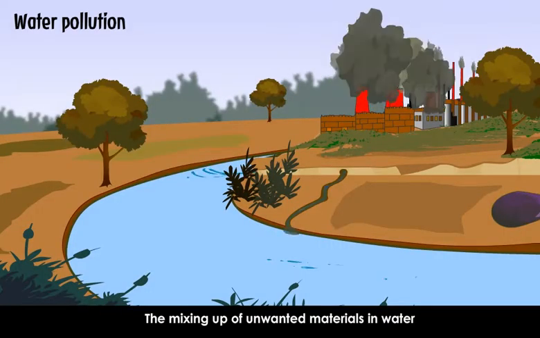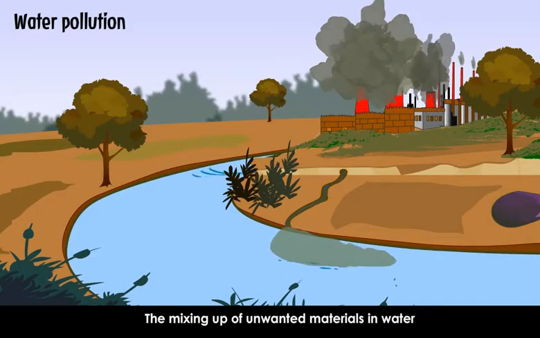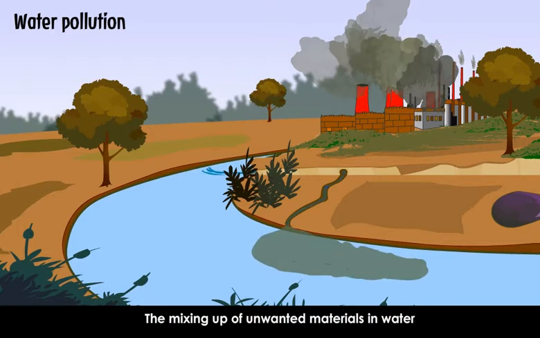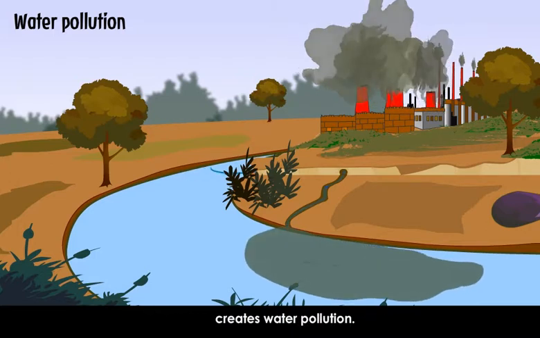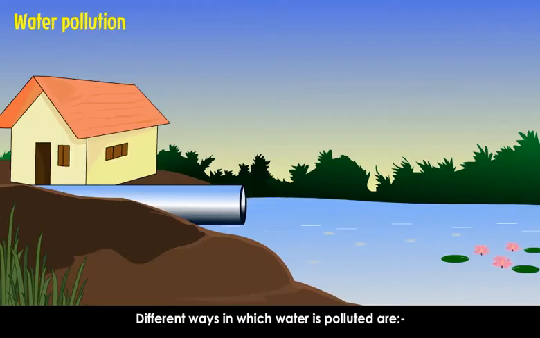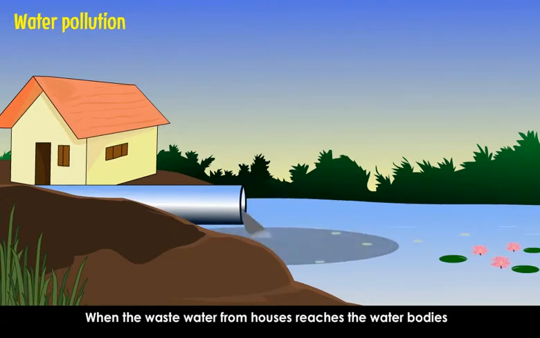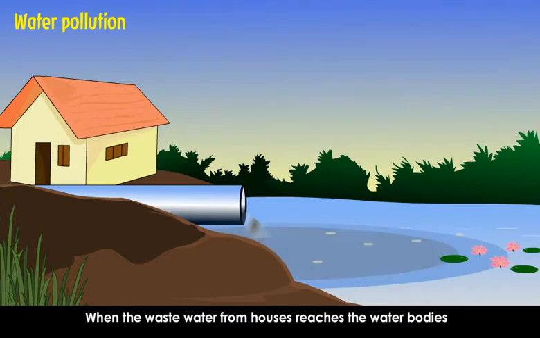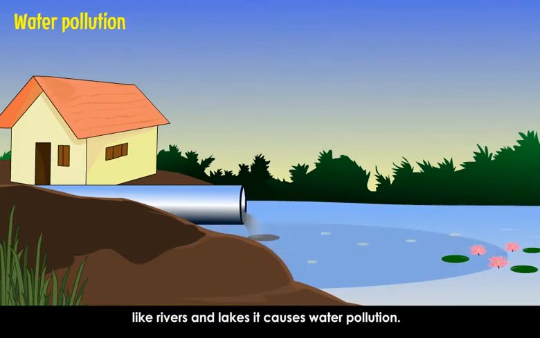Water pollution. The mixing up of unwanted materials in water creates water pollution. Different ways in which water is polluted are: when the wastewater from houses reaches the water bodies like rivers and lakes, it causes water pollution.